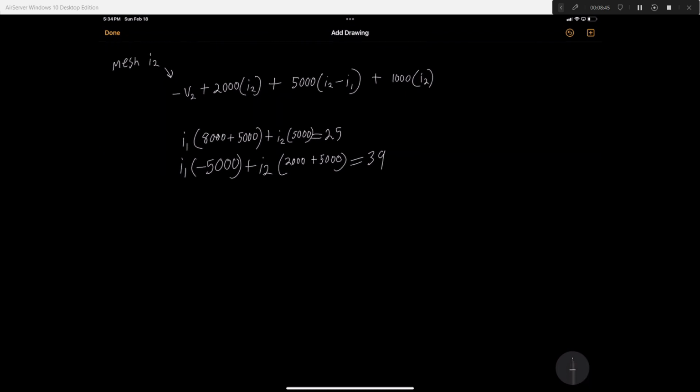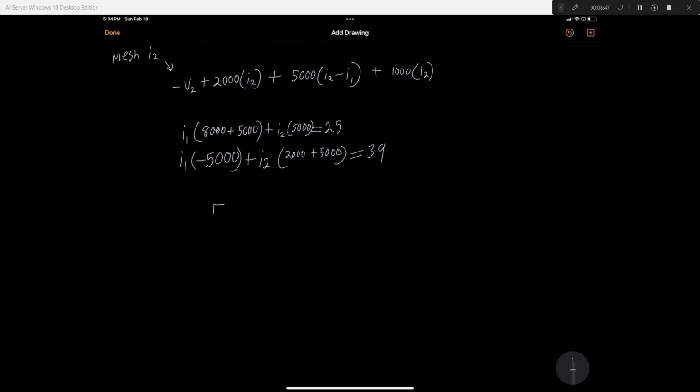So how it's going to look is we're going to plug in our numbers for I1, which is going to be 13,000 for the first one. Separate this with a slash. You don't do that on your calculator, but just so it looks nice.